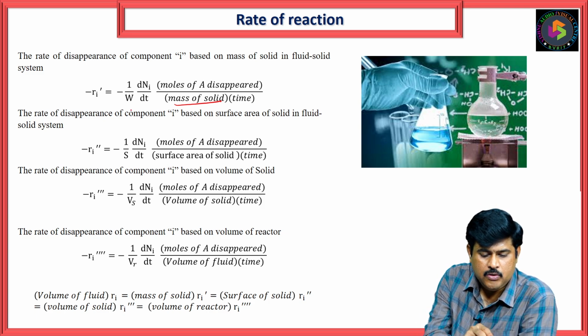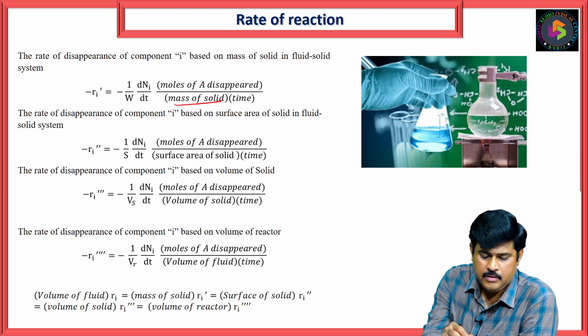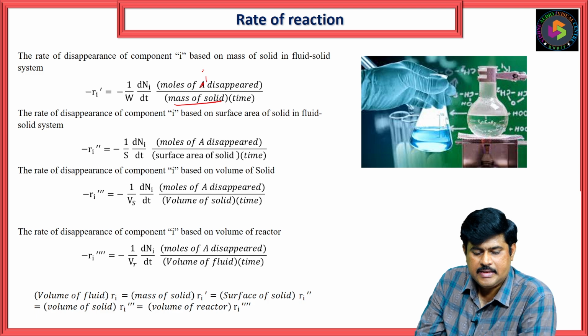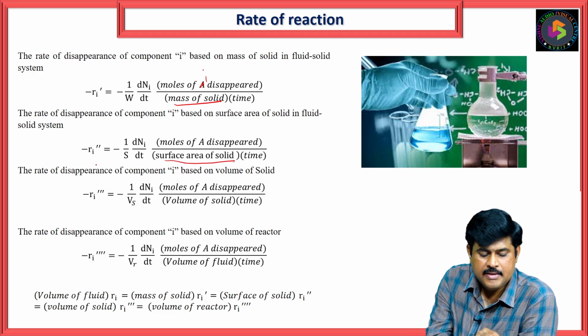So minus Ri dash is equal to minus 1 by W dNi by dt, where W is the mass of the solid. So it is moles of i disappeared per mass of the solid and time. Similarly, you can define it based on the surface area of the solid, S. So minus Ri double dash is equal to minus 1 by S dNi by dt, where S is the surface area of the solid.